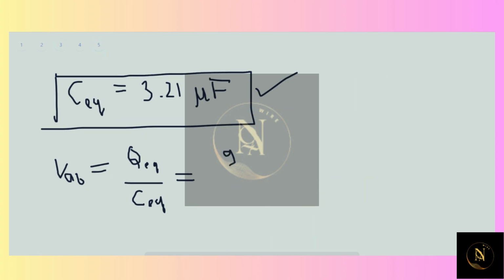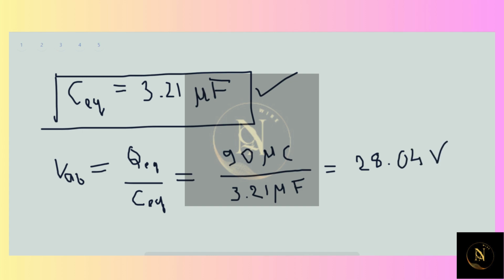So we have the total equivalent charge of 90 microcoulomb divided by the equivalent capacitance, which is 3.21 microfarad. If you calculate this value, it comes out to be 28.04 volt.